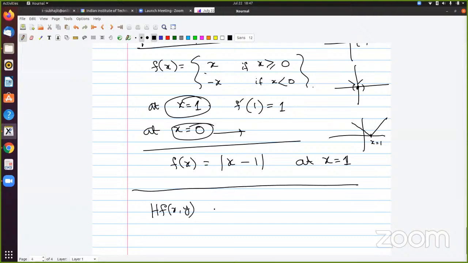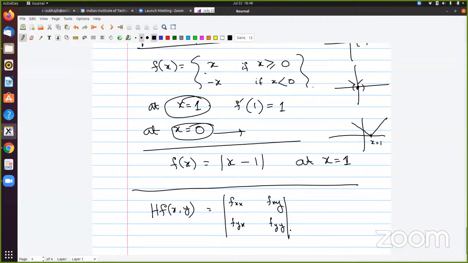In the first row, take the first component of the gradient and differentiate it with respect to x, that is element 1 1, and then differentiate the first component of the gradient with respect to y, that is element 1 2. Similarly for the second row. Correct. So the Hessian matrix will look like this: fxx, fxy, fyx, fyy.